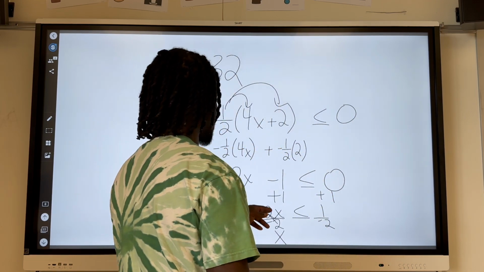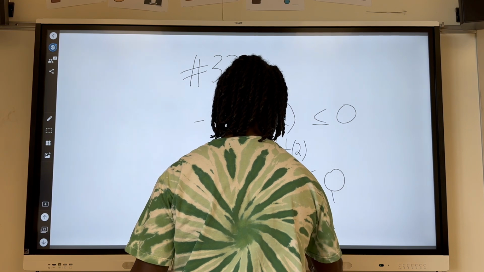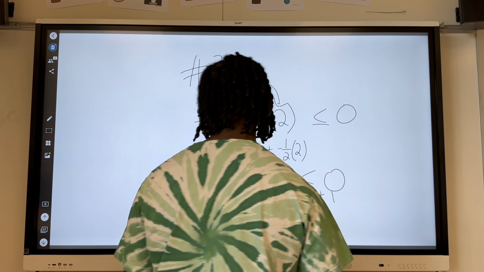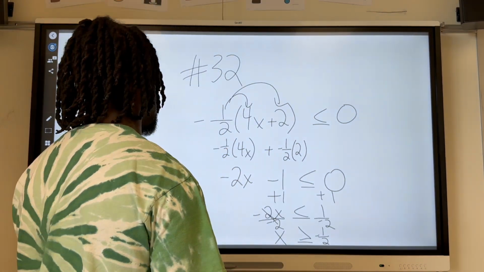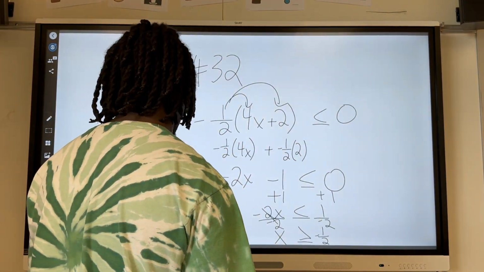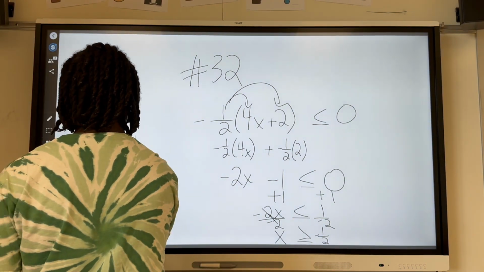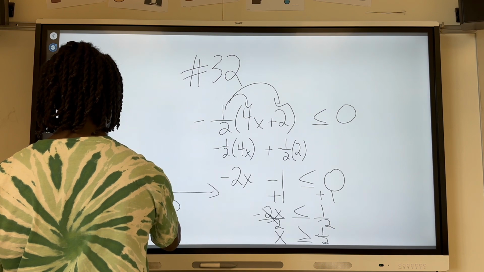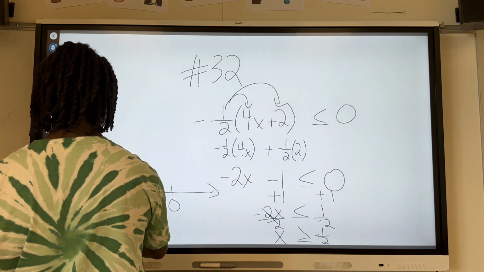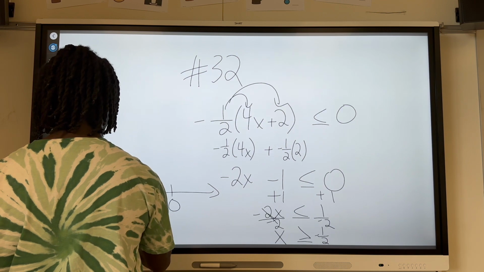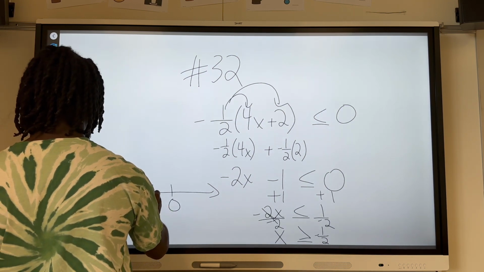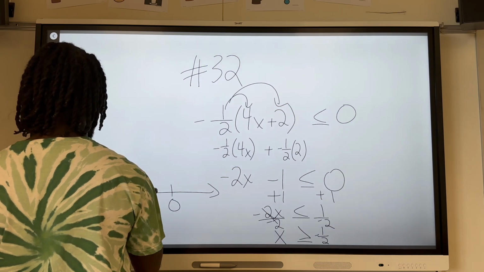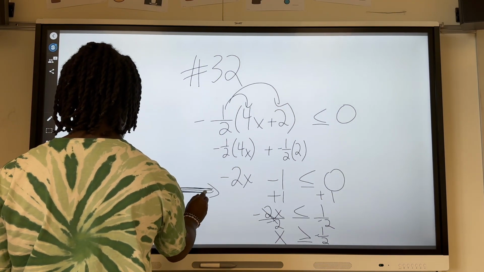And when I divide by a negative, I gotta flip that inequality symbol. And this is going to give me -1/2, of course. So this is x is greater than or equal to -1/2. So I go to, this is 0, this is -1/2, and this is 1. It is going to be a closed circle, and then greater, I'm going to shade this way.